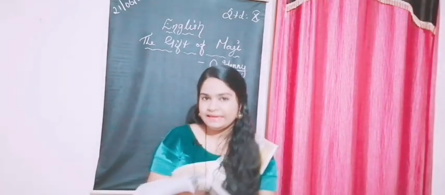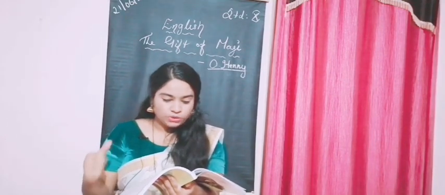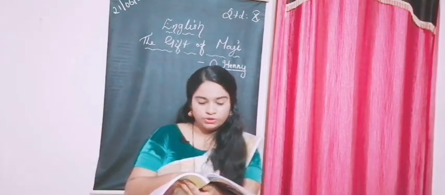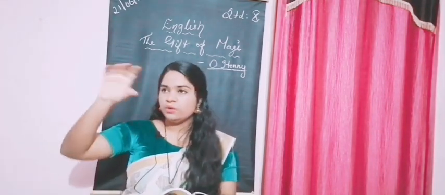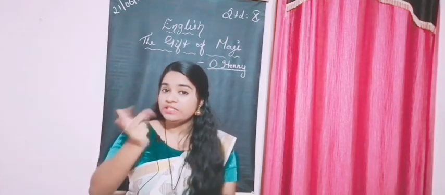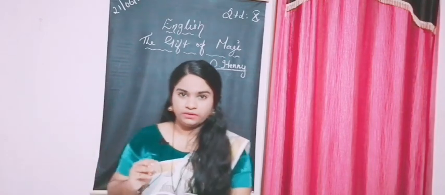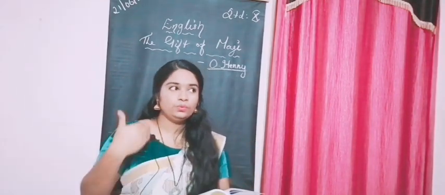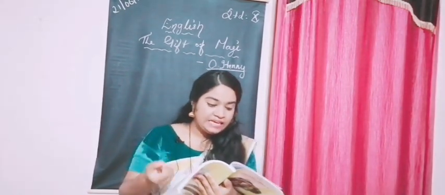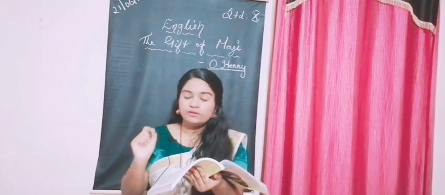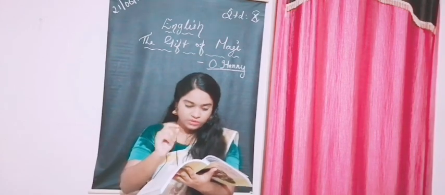Let's see the meaning now. In the vestibule below was a letter box into which no letters would go. That basically says, at the entrance of their home there was a letter box, but no letters were in it. That means there was no one to write to them, or no one who would care for them. It indicates loneliness. And an electric button from which no mortal finger could coax a ring. Underline this word also, coax a ring.